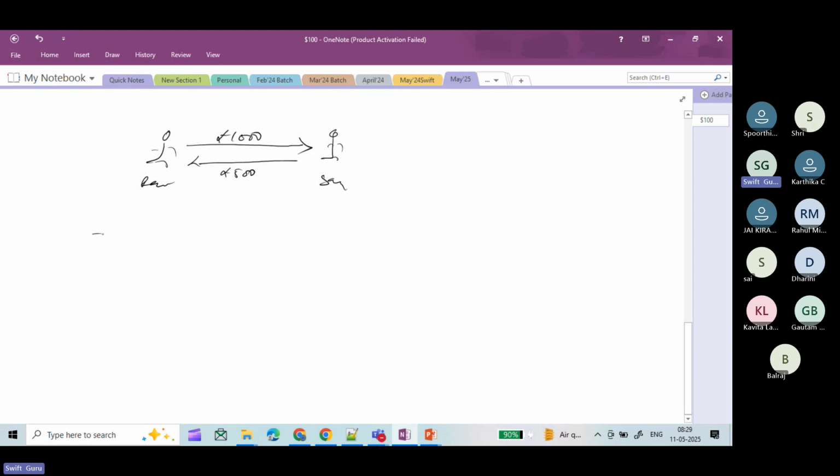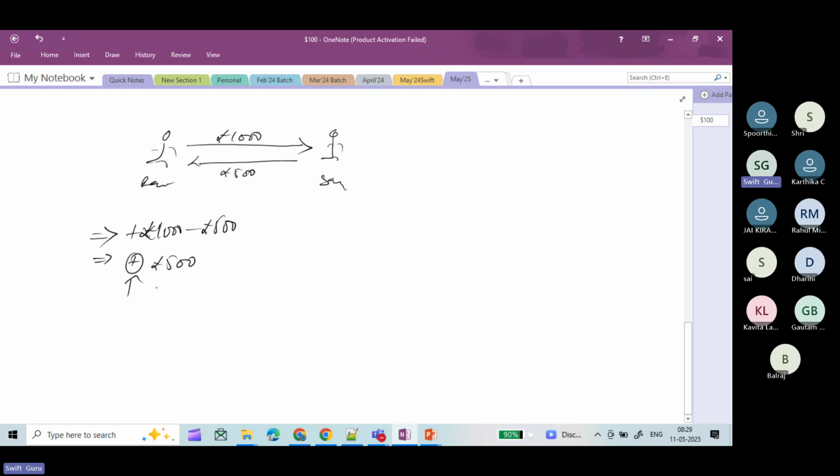So if you see from Ram's point of view, what will be his clearing, or how will he do the netting basically? Plus 1000 minus 500 is equal to plus 500.